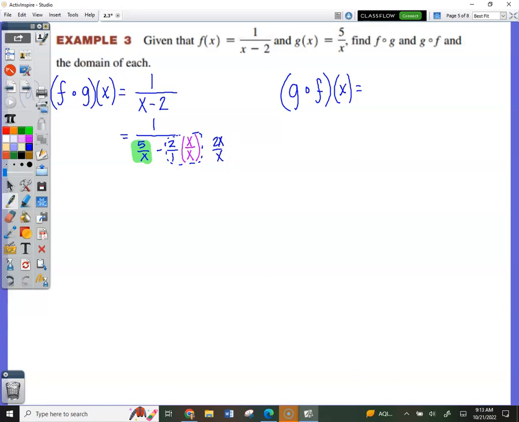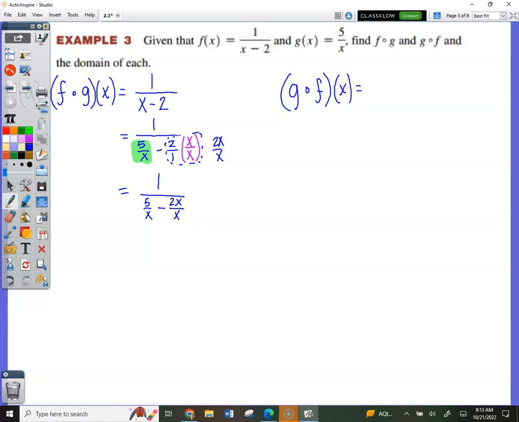Now don't you dare cancel the x's out and then say it's 2, because you just undid what we just tried to do, right? If it does cancel out, that means you did it right. Like, you end up right back at 2. So I'm going to rewrite this as 1 over 5 minus x minus 2x over x.